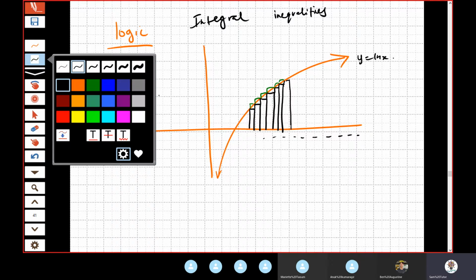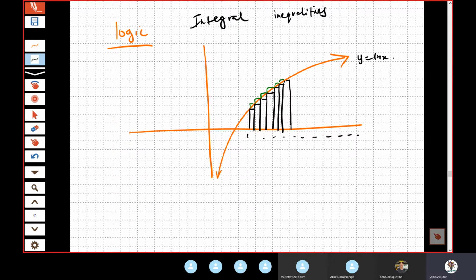So if I said this first one was, let's say this was n, and the one next to it was n plus 1. What's the width? What would the width of this rectangle be?